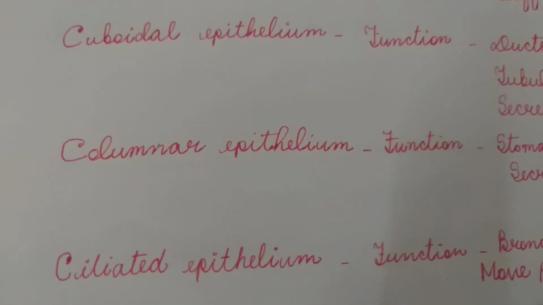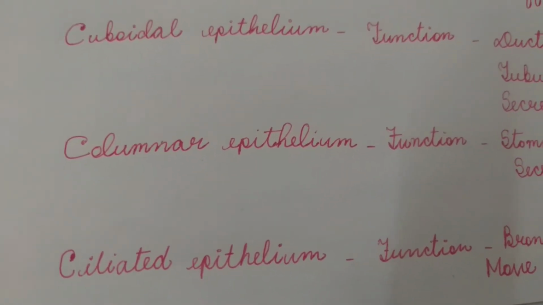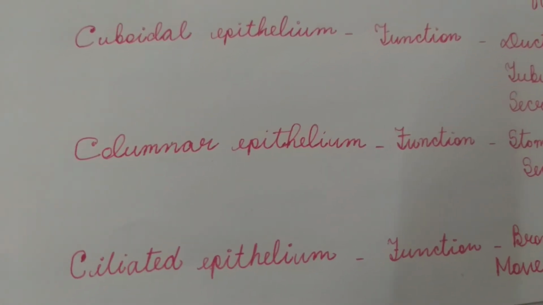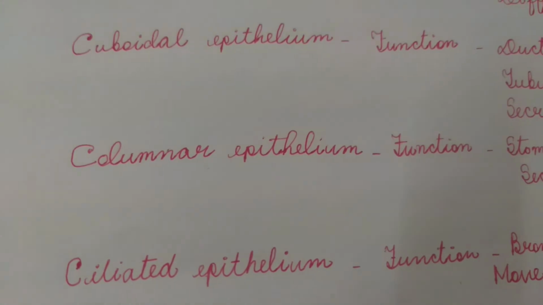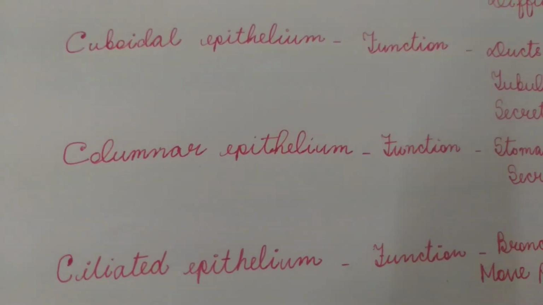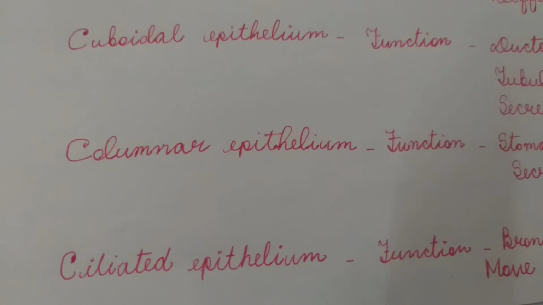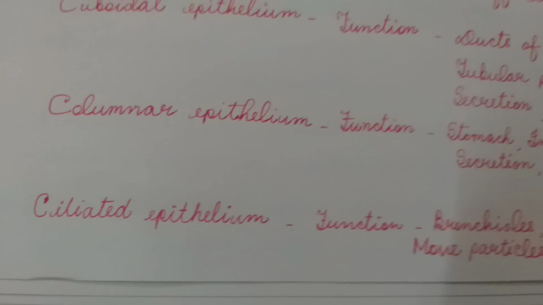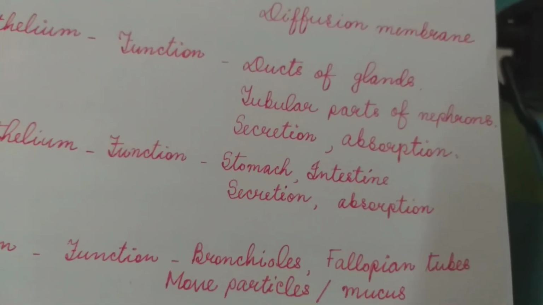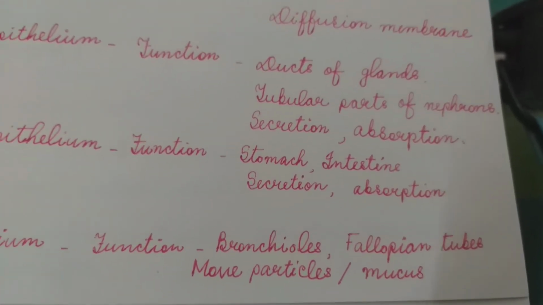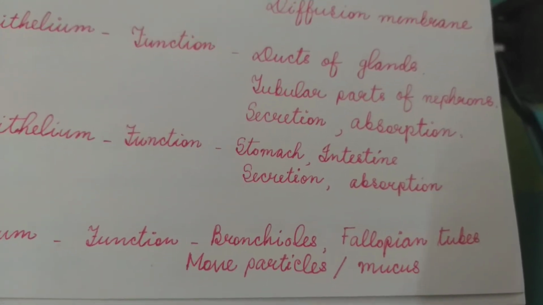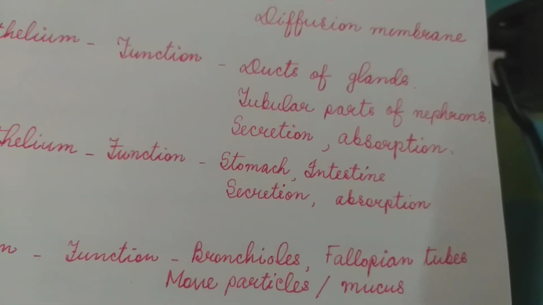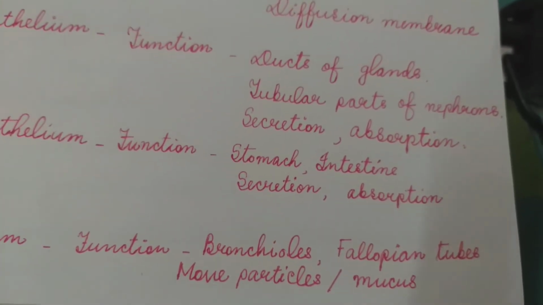Ciliated epithelium. Sometimes in some parts of the body, cuboidal and columnar epithelium is provided with cilia on their free surface. So cuboidal and columnar epithelium with cilia are called ciliated epithelia. Ciliated epithelium is found in the linings of respiratory passages, mainly bronchioles, and fallopian tubes or oviducts.